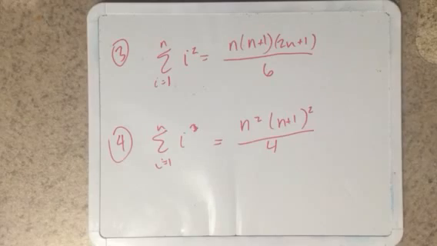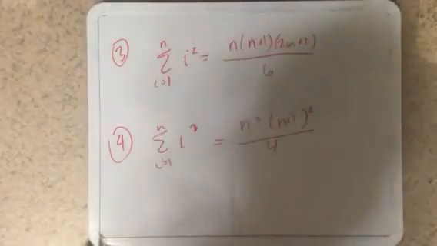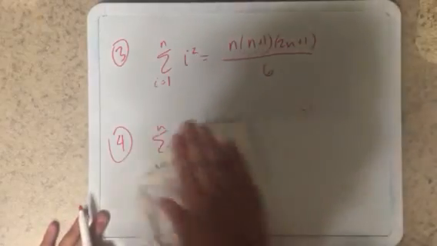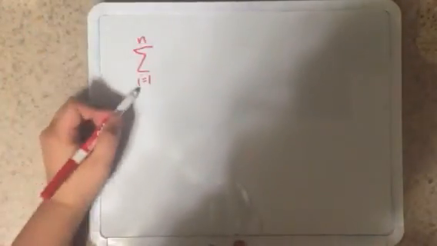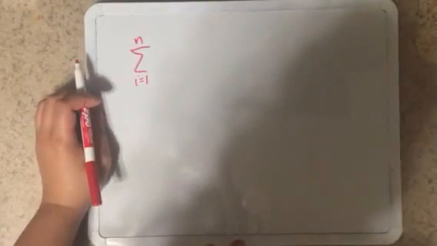So let's do one problem where I will explain how all these formulas combine and you can solve your summation. So let's do this problem, the sum from i equals 1 to n. Remember, i always has to equal 1 if you want to use the summation formulas. The properties of summation also require i equals 1.